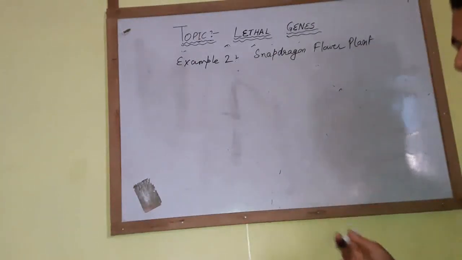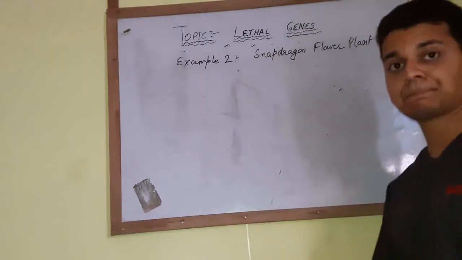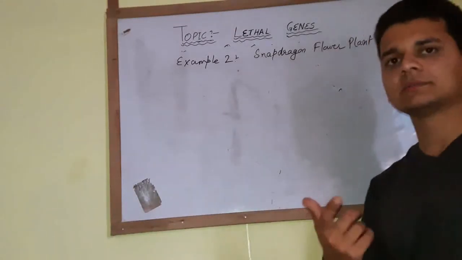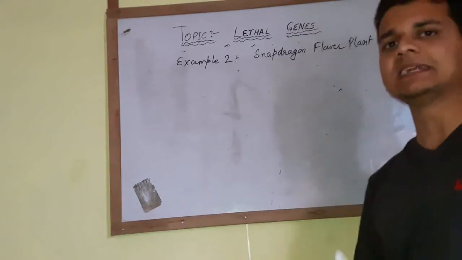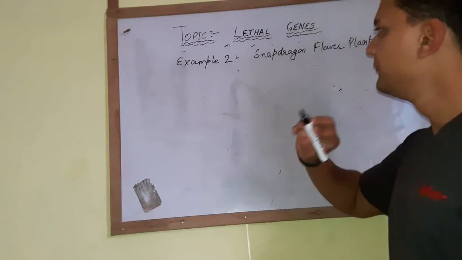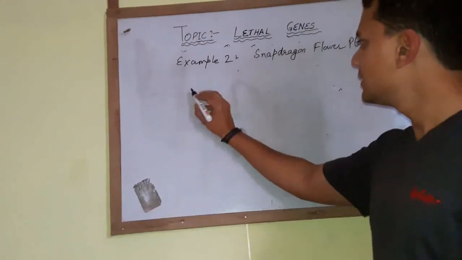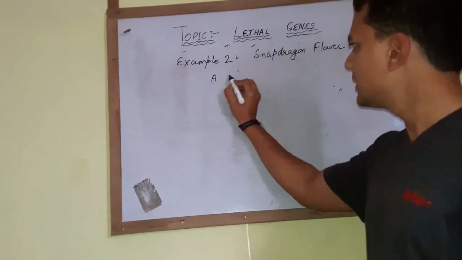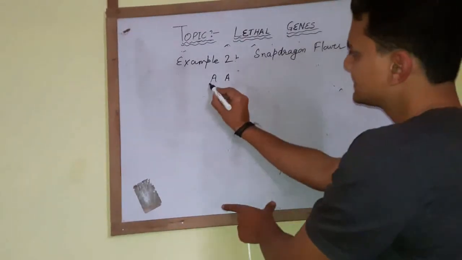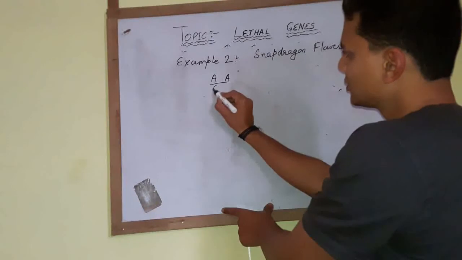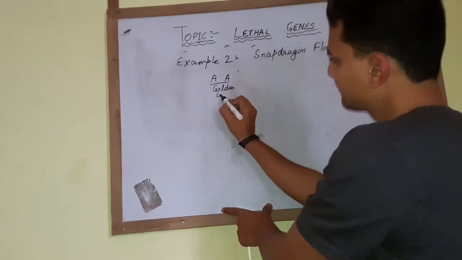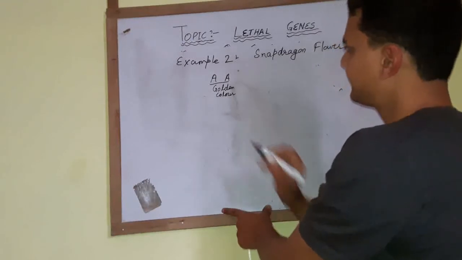Now over here the lethality is shown in this plant also. How does this plant show the lethality? Let's talk about it. These are the 2 genotypes: say this is a pure dominant golden color leaf, right?